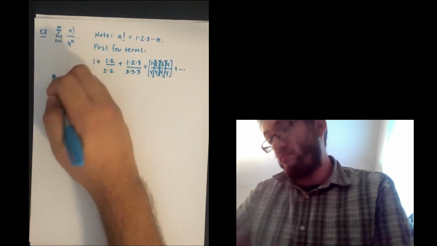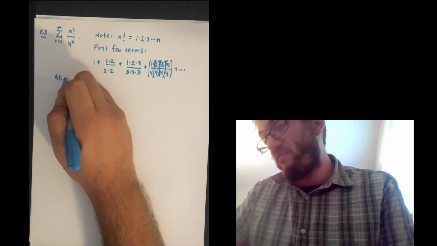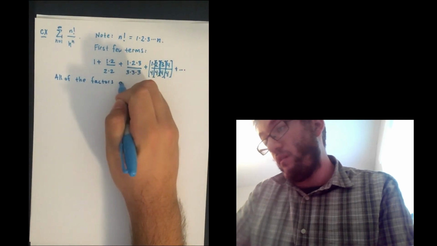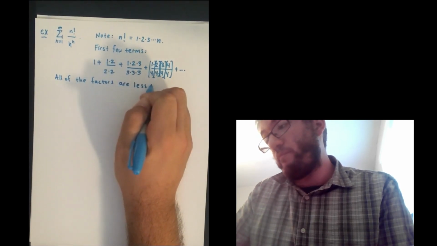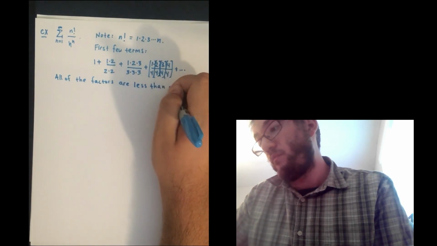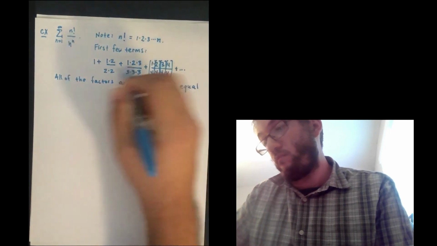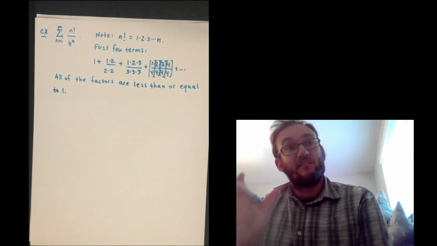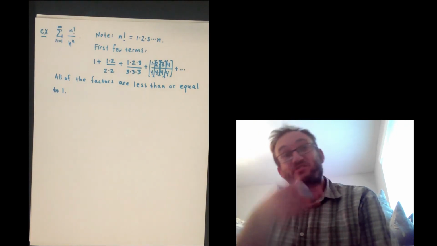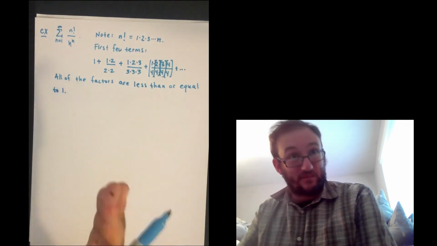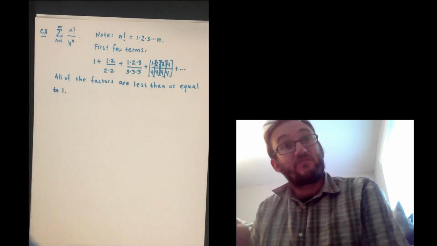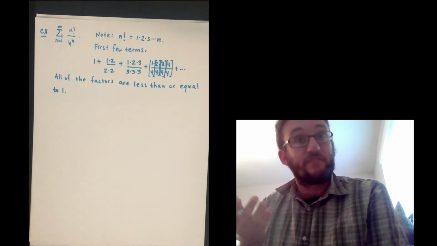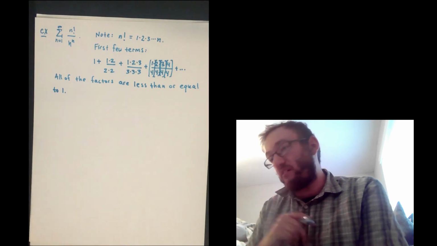And what we'll notice, all of the factors are less than or equal to 1. Okay, so if we can isolate some part of it that's small, and then just multiply by these other small numbers, so it only gets smaller, we'll be able to compare to something that is convergent. Okay, it'll be smaller than something convergent.